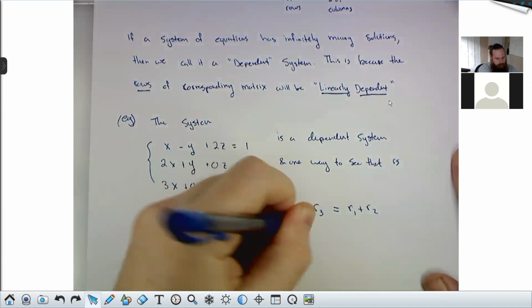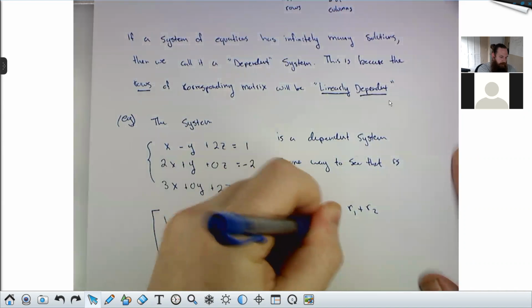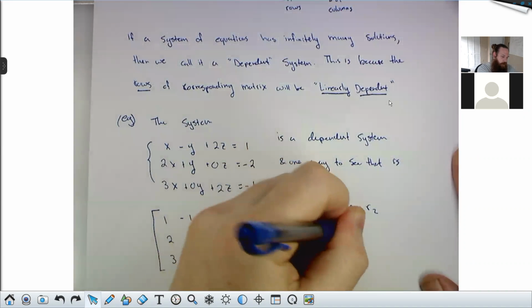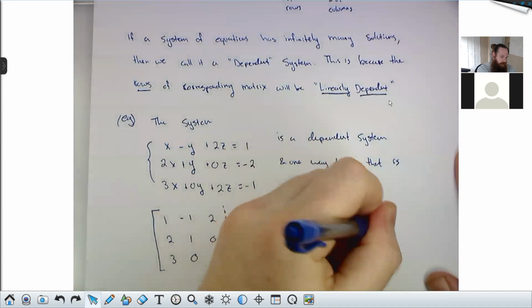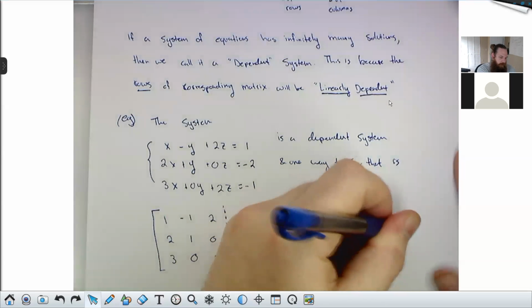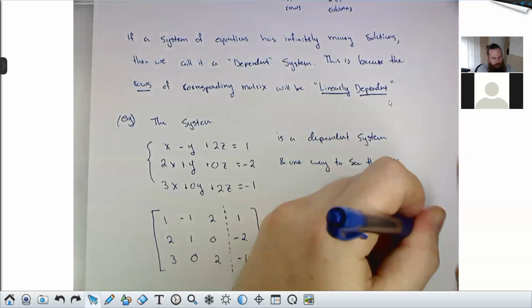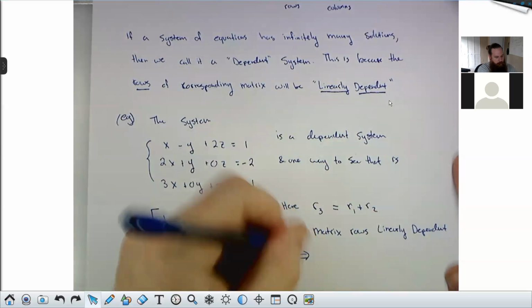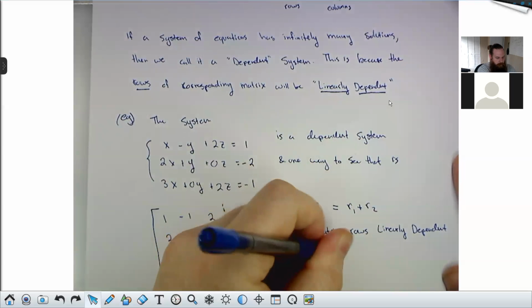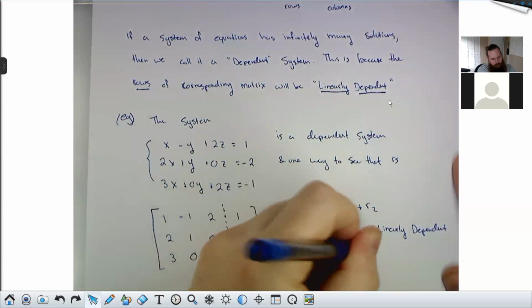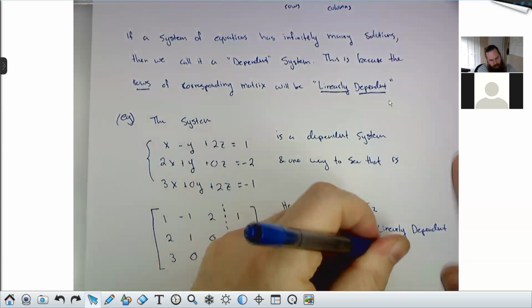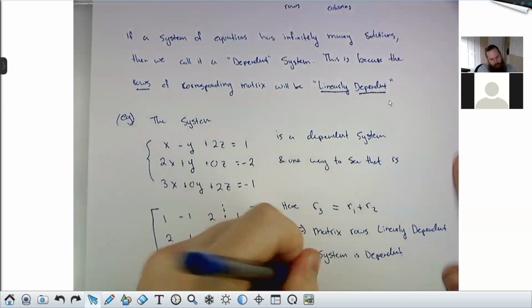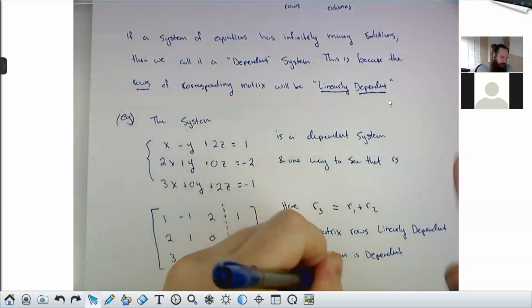So this means the matrix rows are linearly dependent, and that means that the system is dependent and that means that the system has infinitely many solutions.